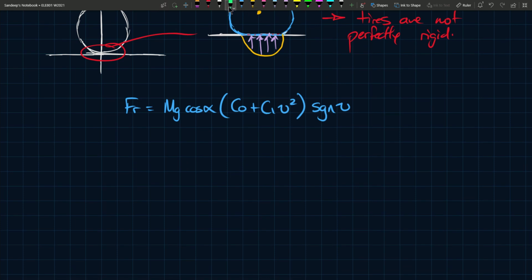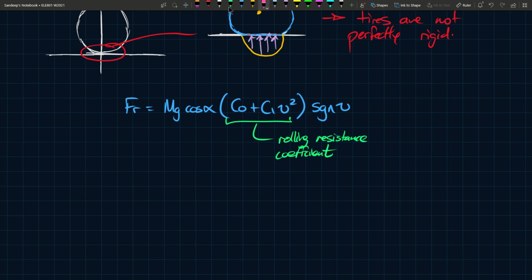They don't really have names as far as I understand. The overall thing is referred to as the rolling resistance coefficient, but the two of them define separate quantities. But this is the rolling resistance coefficient, and of course it's dimensionless, as you would imagine.